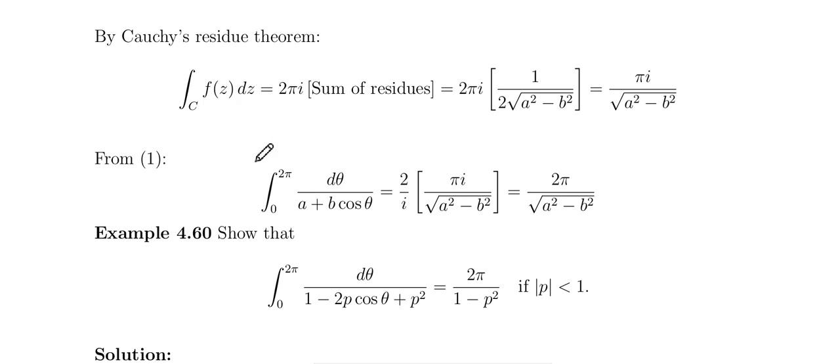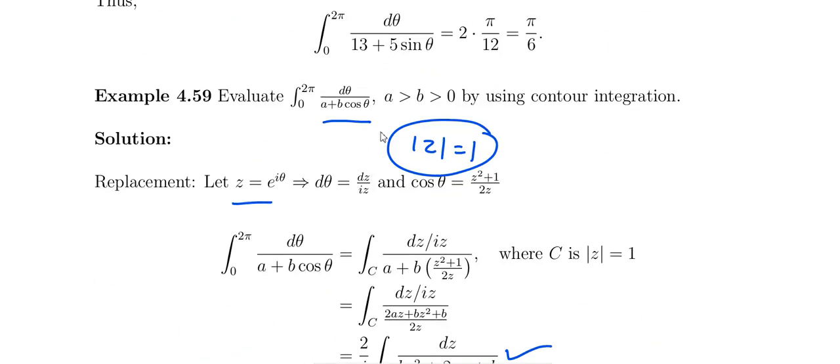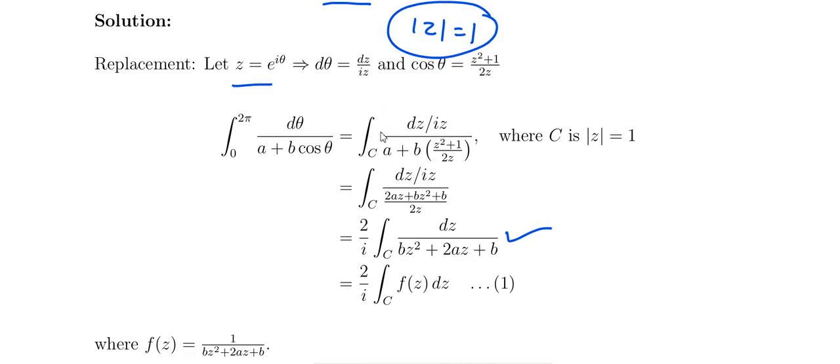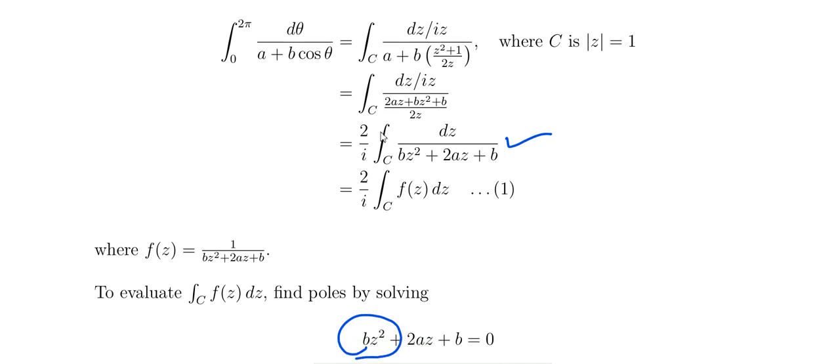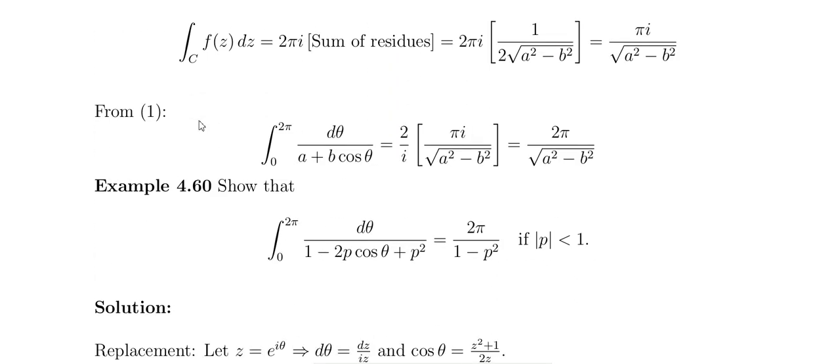The 2 by i into the corresponding value that we found out is 2 pi by root of a square minus b square.